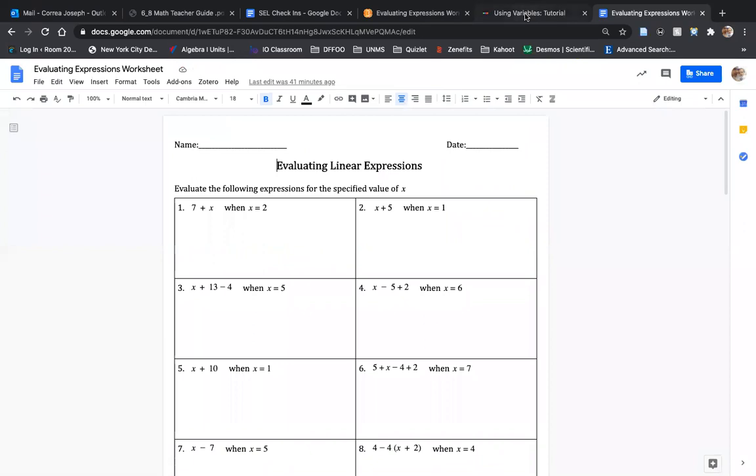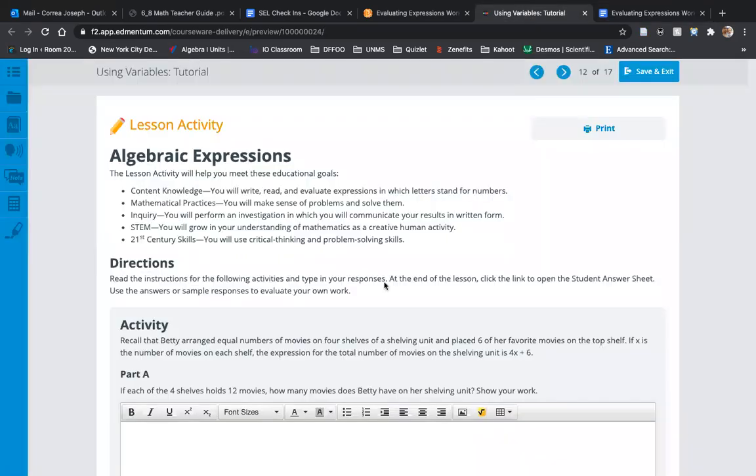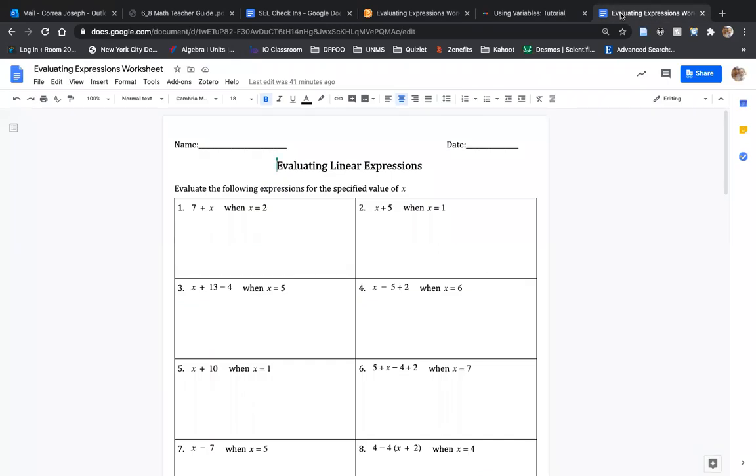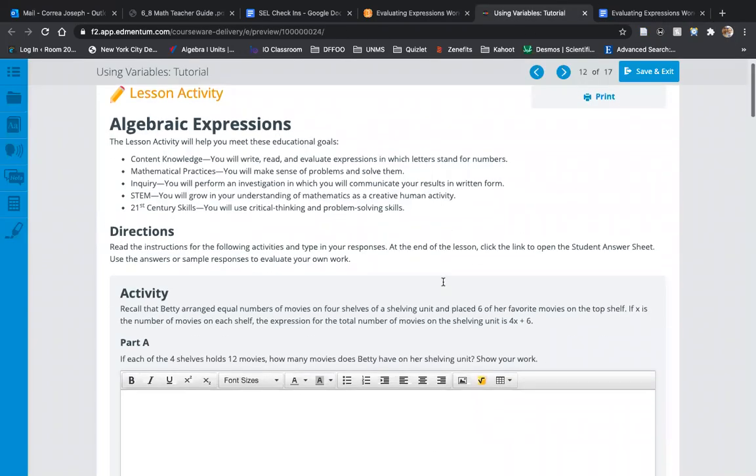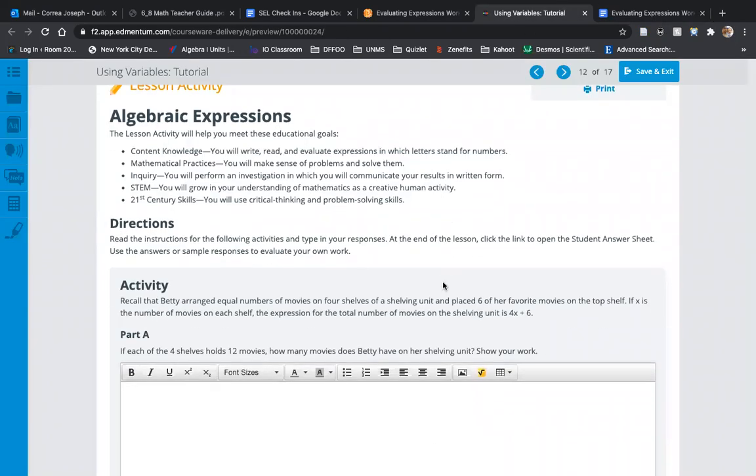So if you've already finished this entire lesson, because usually ideally what we should do is try to work on the lesson on your own during independent math time. So if you finish that, you're gonna start working on this here. Right? Yeah, so work on it.